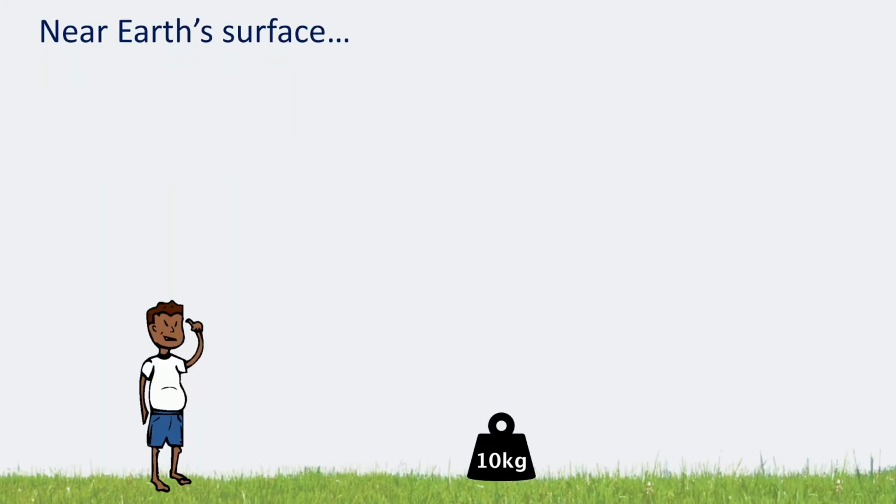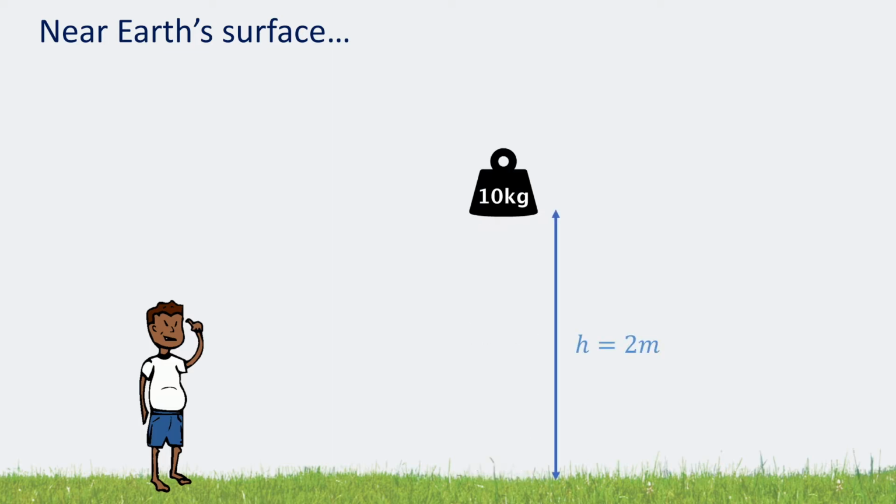Let's start out near Earth's surface. We have a weight here of 10 kilograms. If we lift this weight 2 meters up in the air, how much work have we done on the weight? Well, we know that work is equal to force times distance. The distance in this case is 2 meters, and the force acting downwards is the weight of the weight.